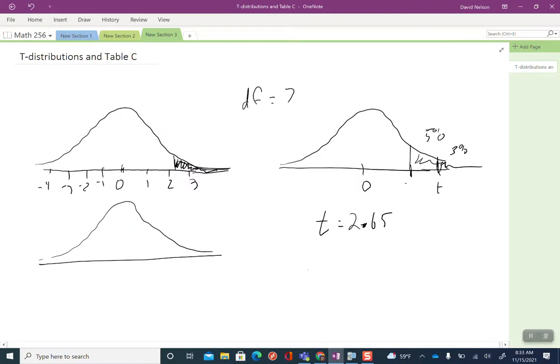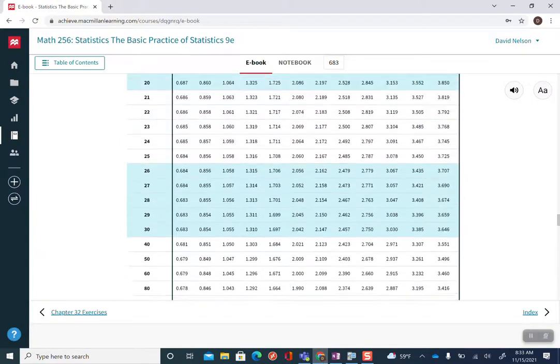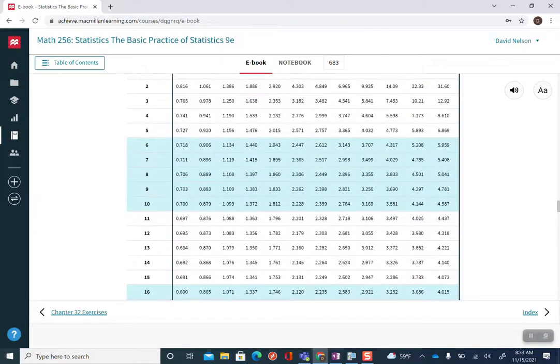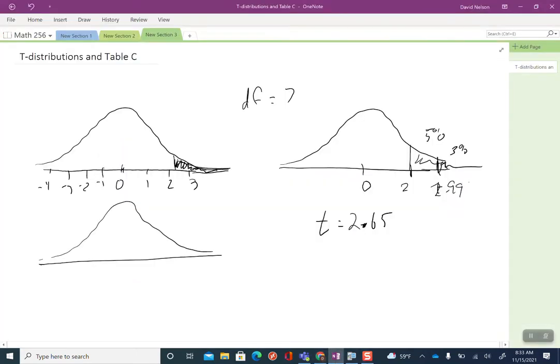So if we look at that t distribution, I know that my p-value is trapped in between those two values. One was 2.998, and the other was 2.517.